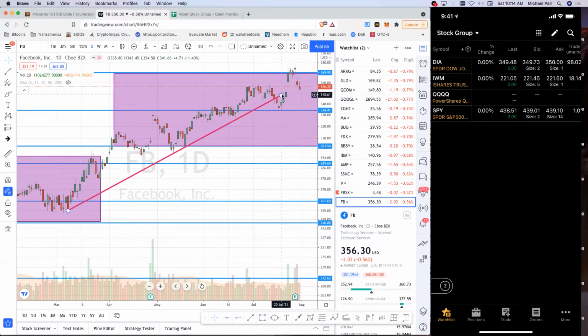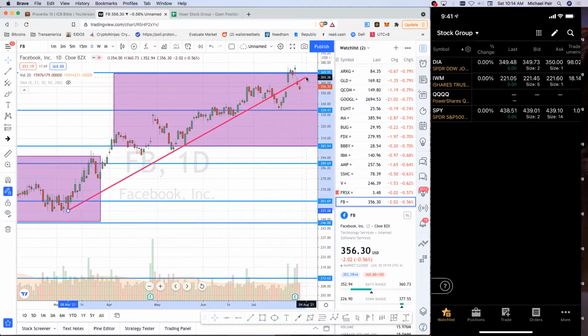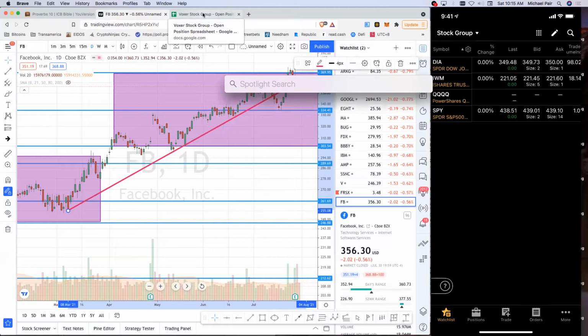If I extend this trend line, we're below the trend. But if we were waiting for the perfect entry just in terms of the chart, then we wouldn't have anything to start with. So do you want to use the entire $5,000, or would you rather use just a portion of it?